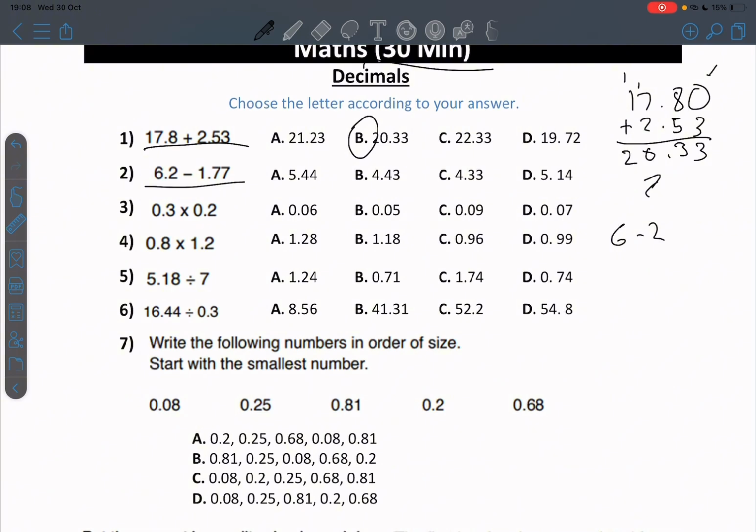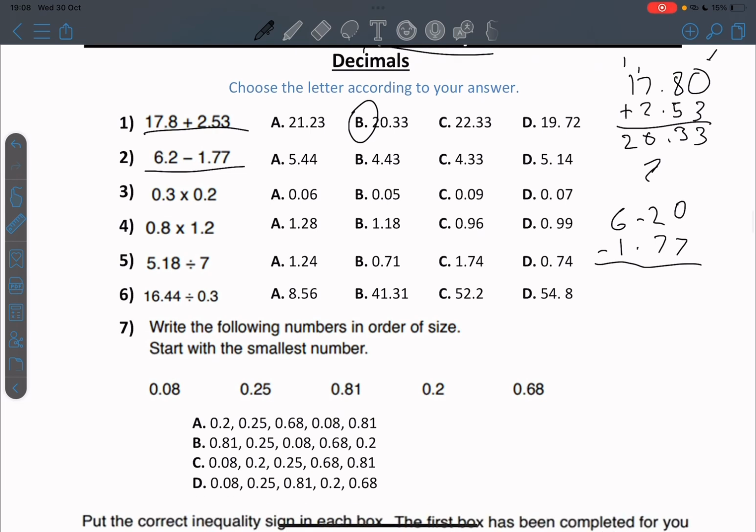If you do 6.2 minus 1.77, backfill it with zeros, and what you can do here is 0 is too small for 7, so you have to borrow. So that turns to 1, this turns to 10. Okay, we borrowed the 1. 10 minus 7 is 3.